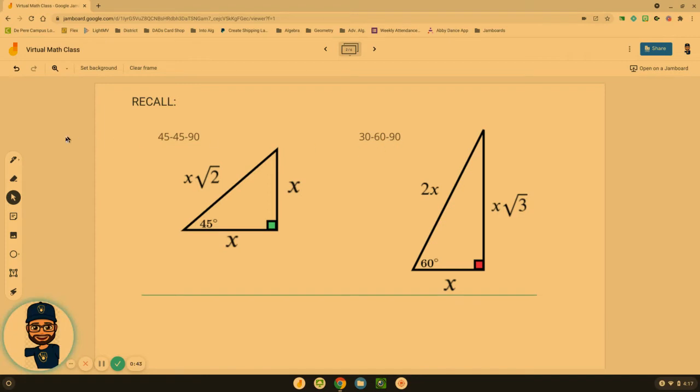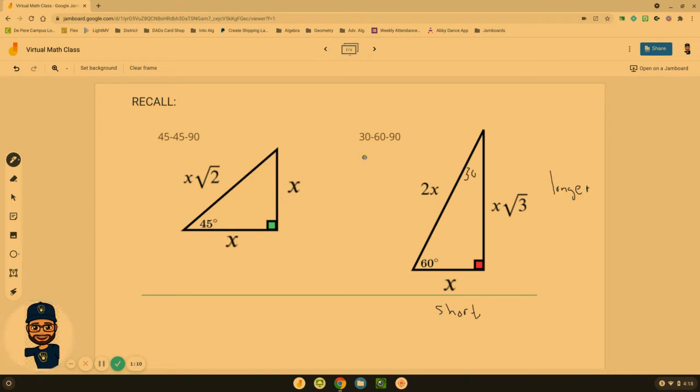And in our 30-60-90 degree right triangle, the short side is labeled as x. The longer leg is x times the square root of 3. And the hypotenuse is 2x. Now again, even though this doesn't say that it's 30 up here, we know that it needs to be because all triangles have 180 degrees.